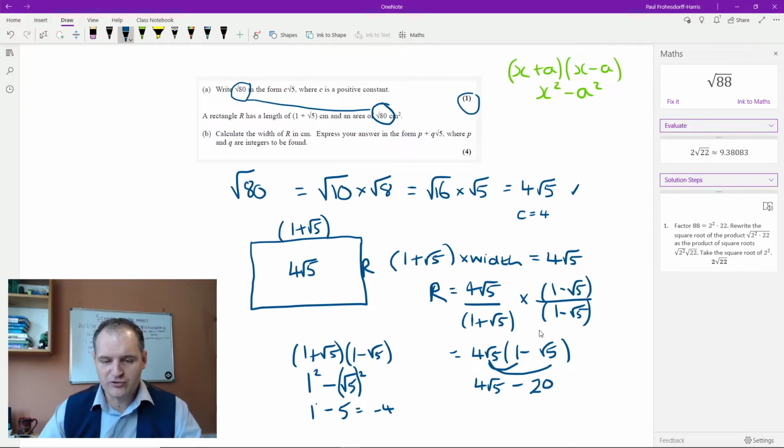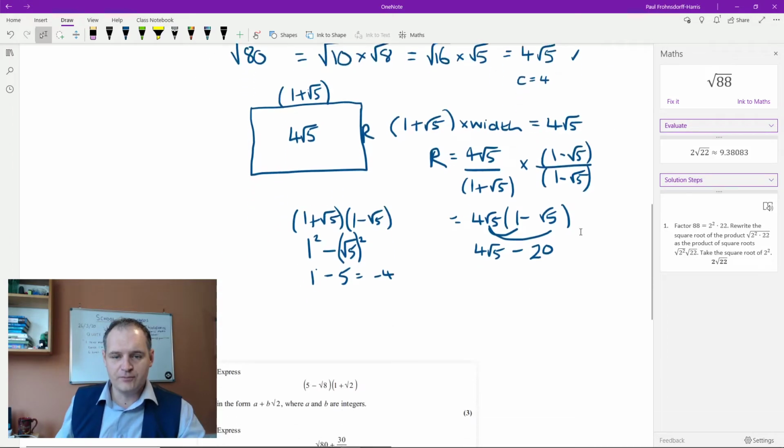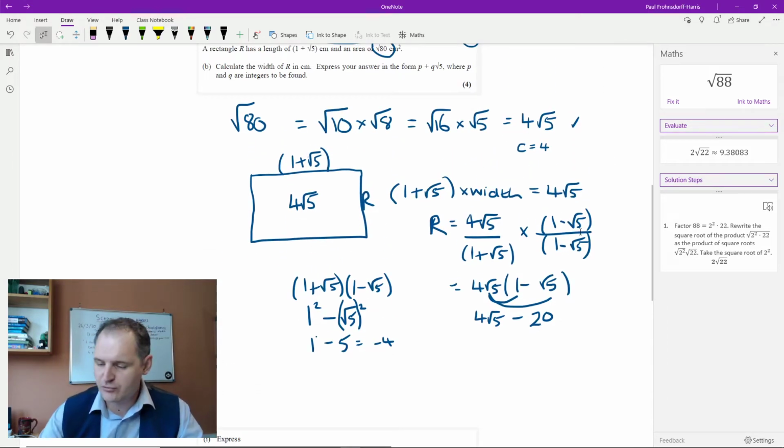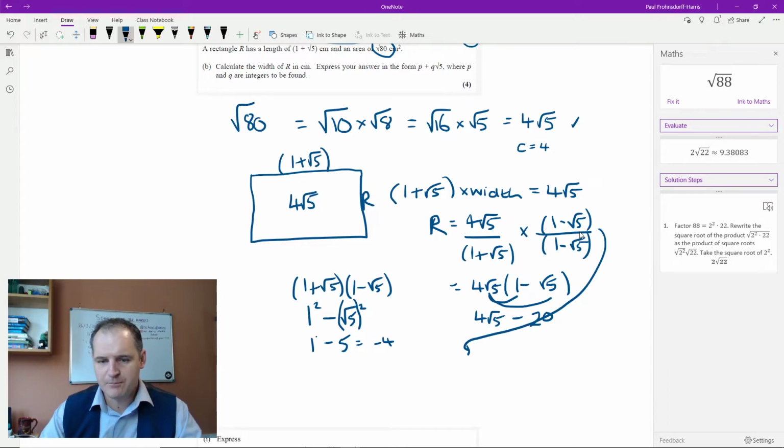What I've now got, if I scroll down a little, I should have enough room just about to write that, the overall thing here is going to come down here and be 4 root 5 minus 20 all over negative 4.